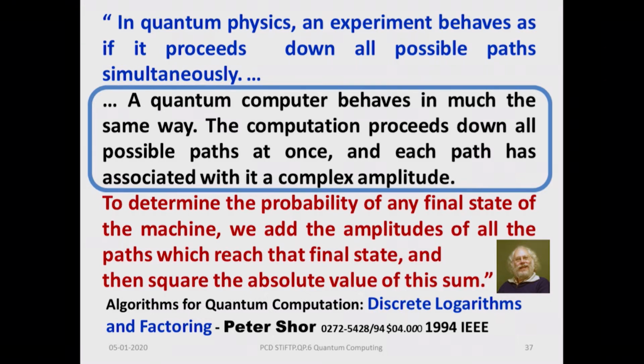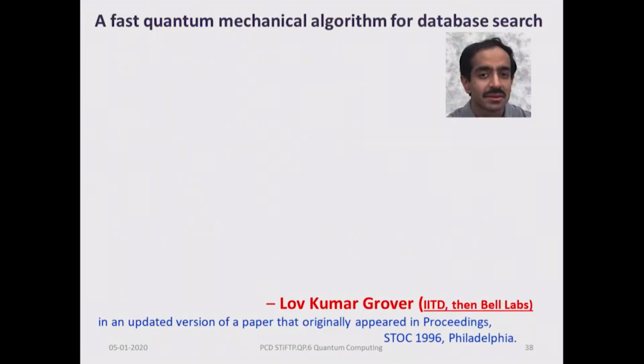If something can happen in one way and another way and a third way, and there are multiple ways, including a particle going from here to there, and in between it goes to Mars and comes back, then it can happen that way. And this is the idea which Peter Shor has used, which is what enabled him to develop the first quantum algorithm.